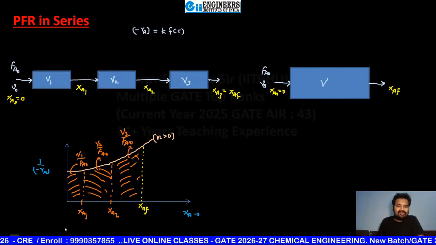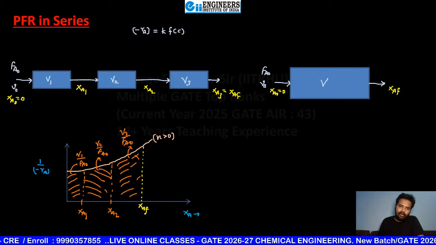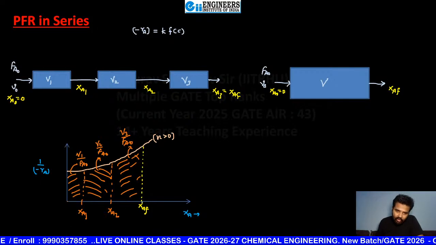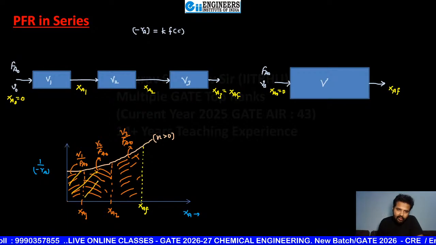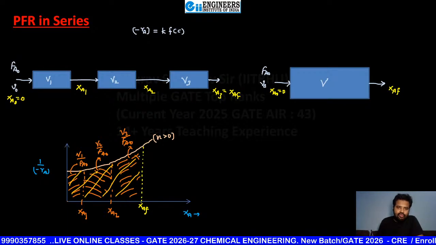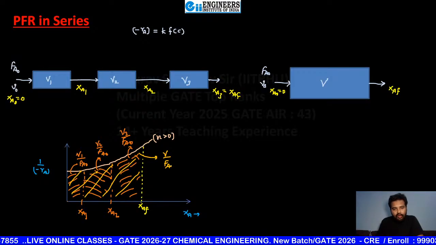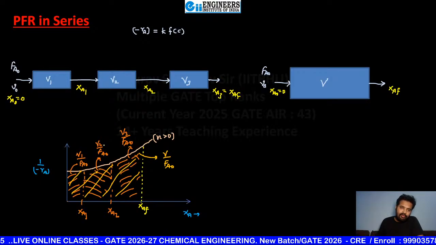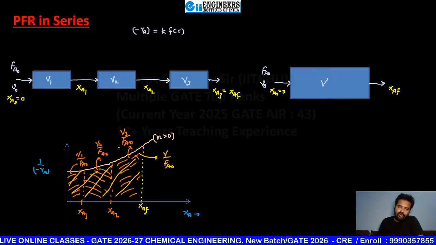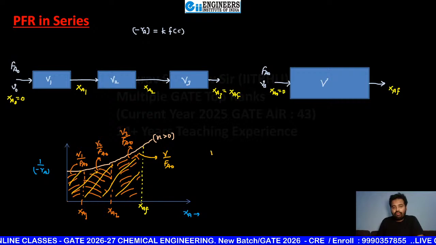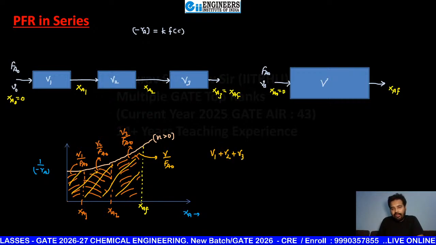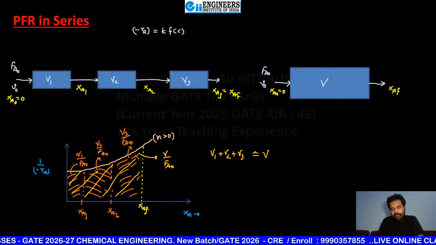We are using just a single PFR of volume V in order to get this conversion. In that case, how to draw? See, this will show you V by FA0. So clearly V1, V2, V3 by FA0, FA0 cancelled. Here clearly you can see, beta, that V1 plus V2 plus V3 is equal to V.